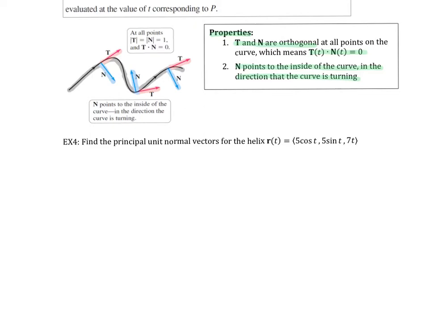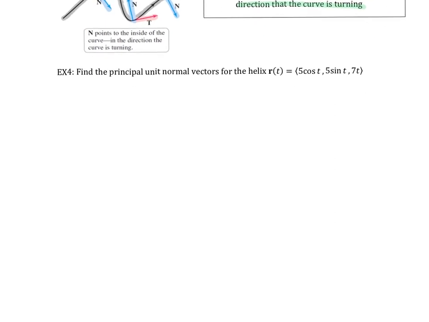Let's go ahead and find our principal unit normal vector for this helix in example 4.